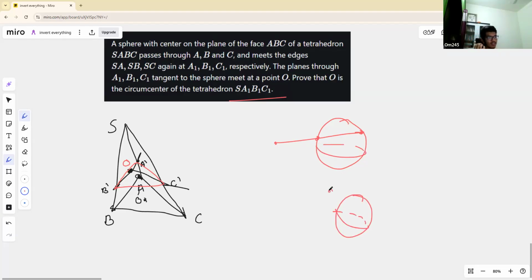Suppose you have some sphere, and this is a point, and you intersect this at two points A and B, like going through the sphere. Then SA times SB is the power of this point with respect to the sphere. So it will be constant.